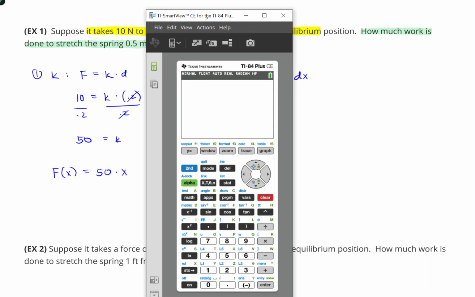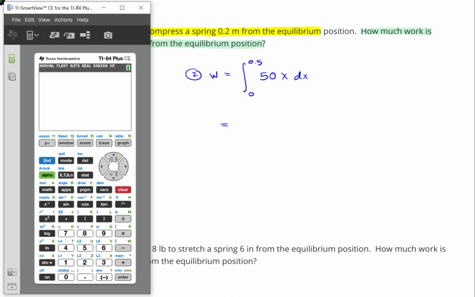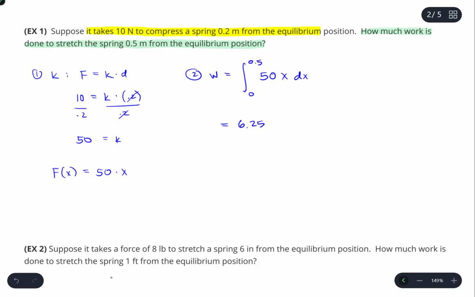Some of these will probably be easy enough that you might just choose to integrate. Either way is no big deal. So the integral from 0 to 0.5 of 50x dx, and the total amount of work here is 6.25 joules.